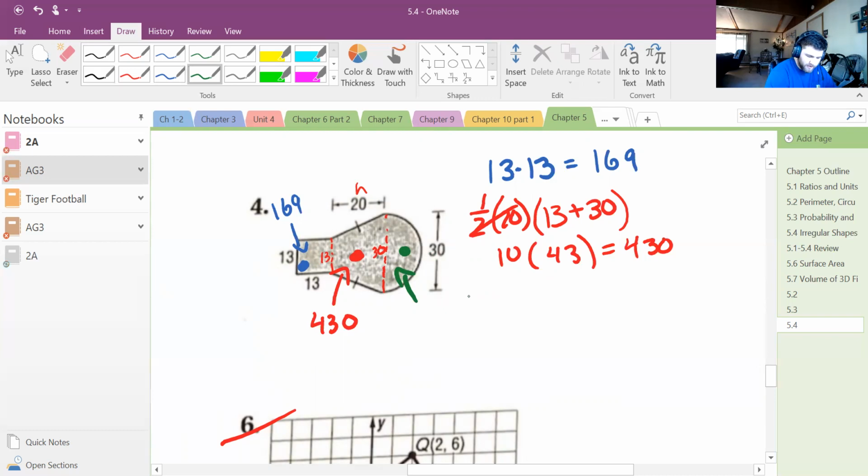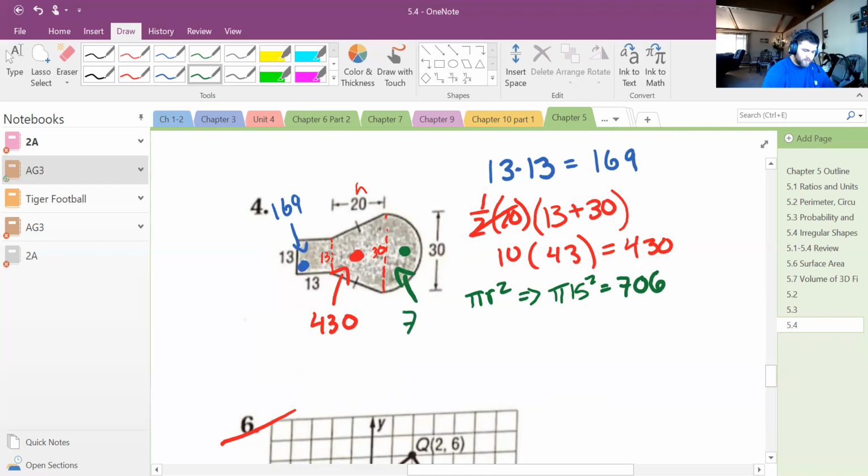So it's going to be pi r squared, or in this case, pi times 15 squared. 15 squared is 225 times pi, so this right here is going to be 706 point something. Let's just leave it at 706 for now.